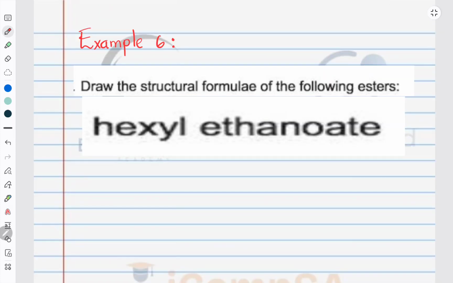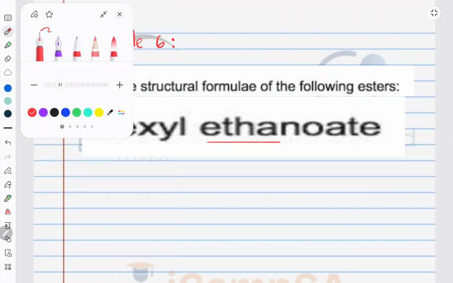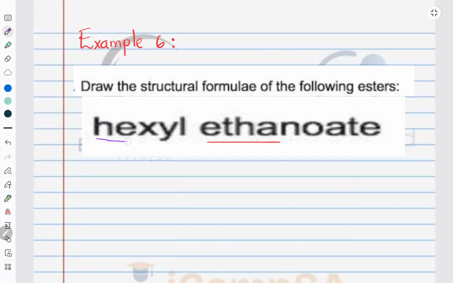Here again we have this portion being the length of the carbon chain in the carboxylic acid portion. And then we have this one, let's use the hex, being the length of the carbon chain in the alcohol portion.